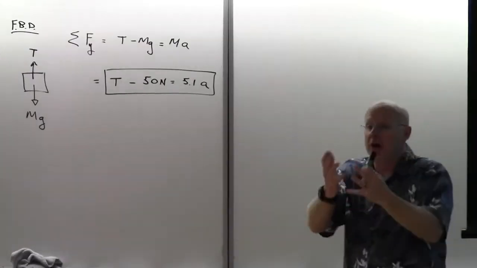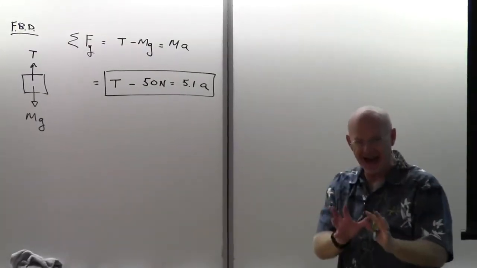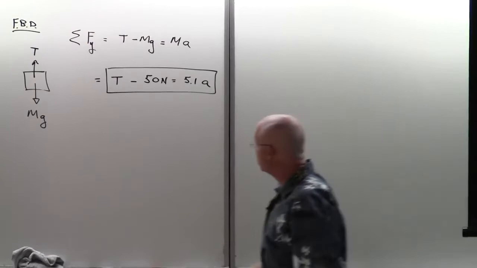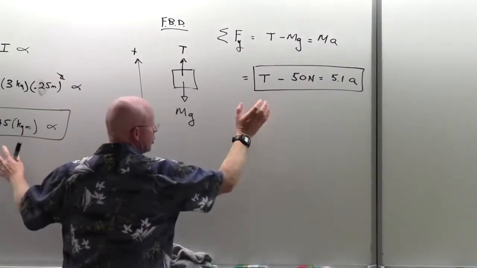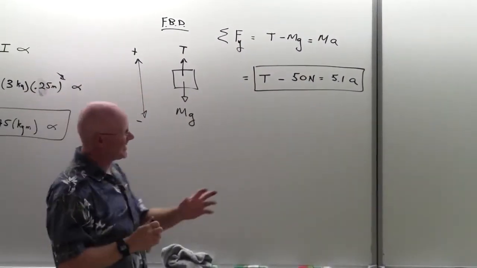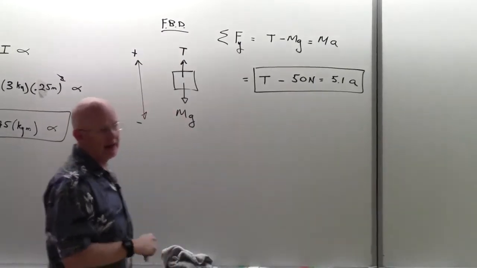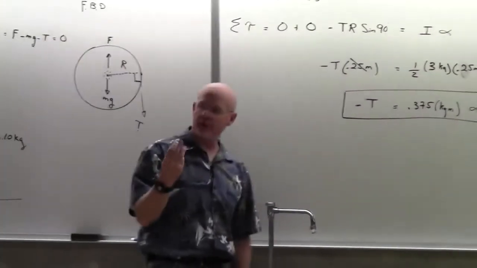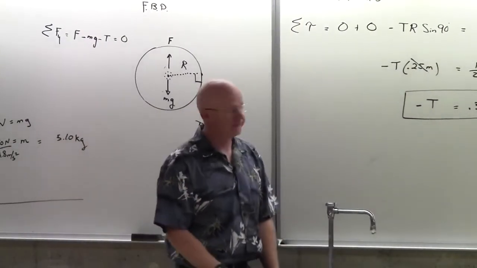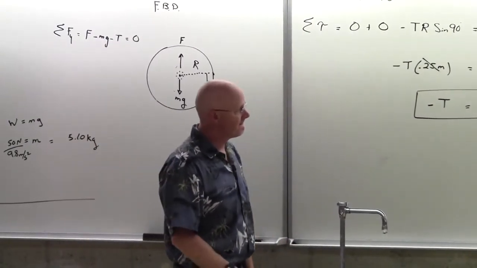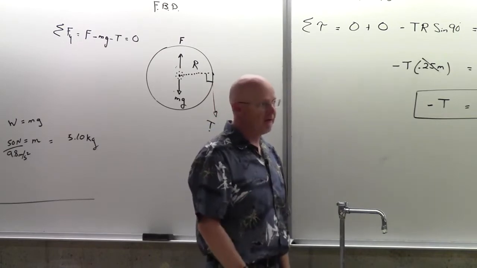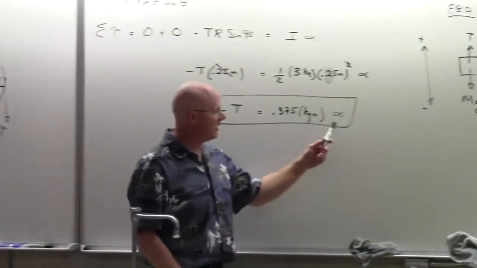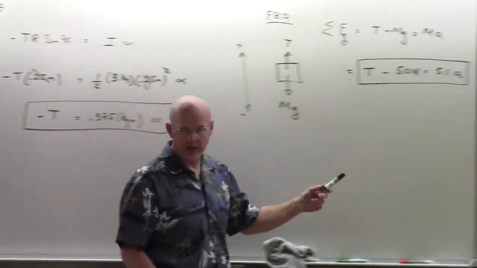Because again, it has two unknowns in it, so I can't by itself solve it. Now fortunately they both have tension in there, that's good. However, that has an A and that has an alpha. So you may argue that we got three unknowns here. But my final step is, isn't the alpha and the A related?